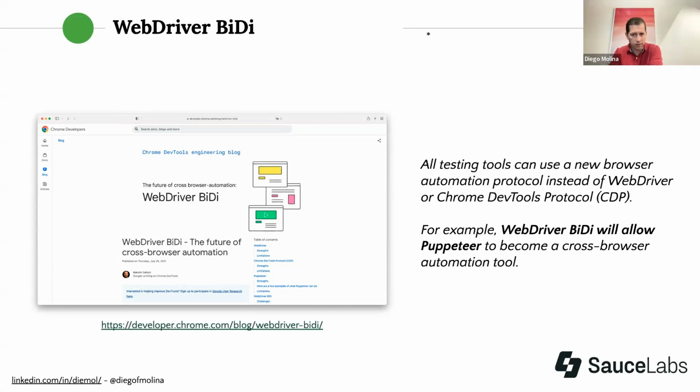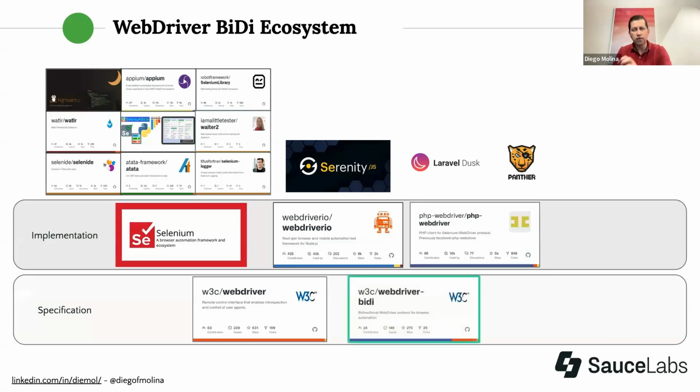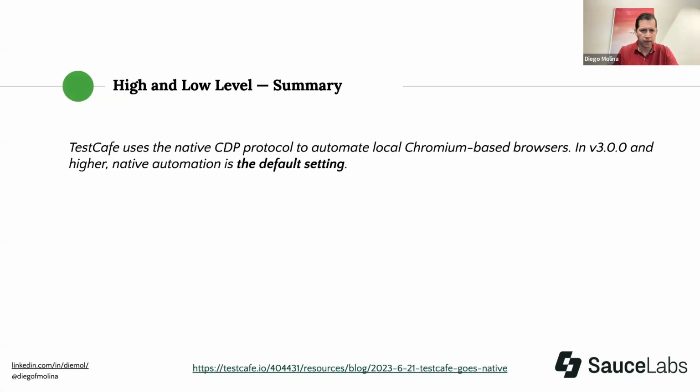And when Apple is done with Safari, they will be able to also automate Safari with Puppeteer. So if we go back to this ecosystem that I was talking about a moment ago, there's a new standard that is BiDi, and there is now a new member of the ecosystem, which is Puppeteer.